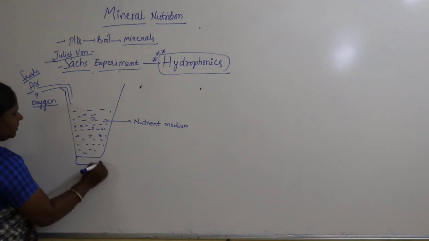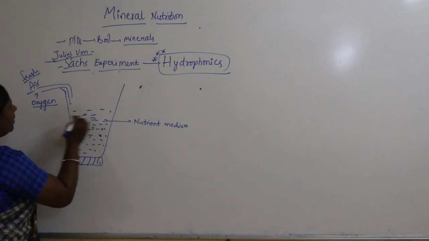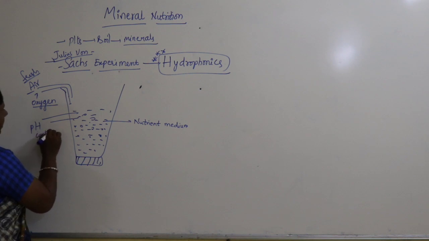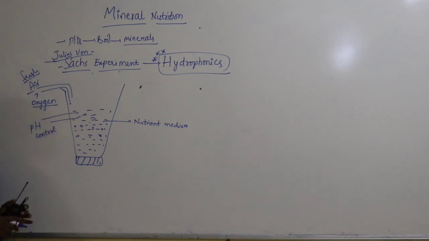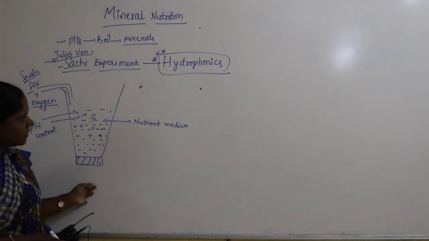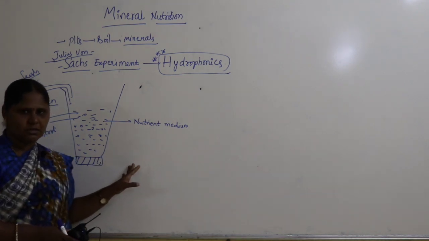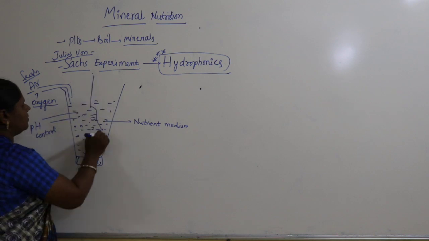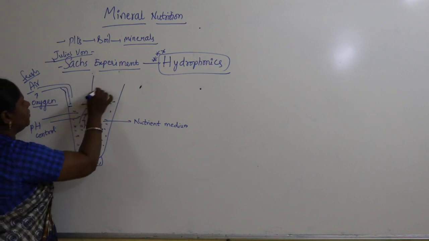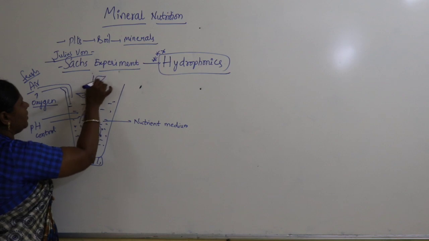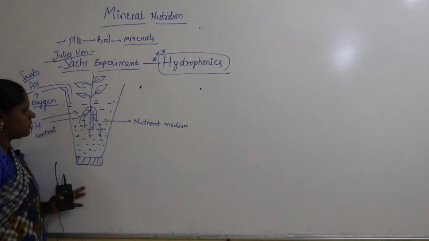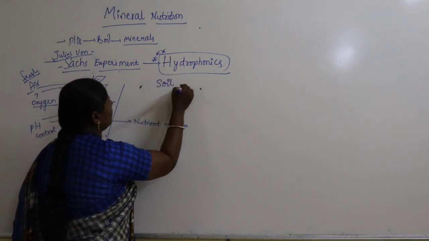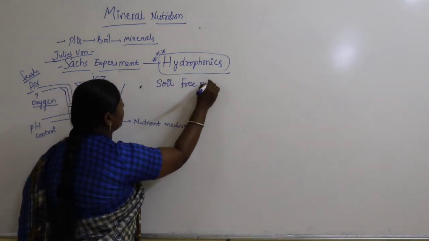At the same time pH control is there, and other conditions like nutrients, temperature, atmospheric pressure are adjusted. They took a rooted plant and simply dipped it into the container having nutrient medium. So this is called a soil free nutrient medium.